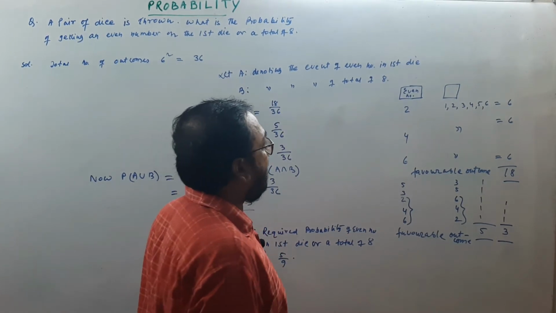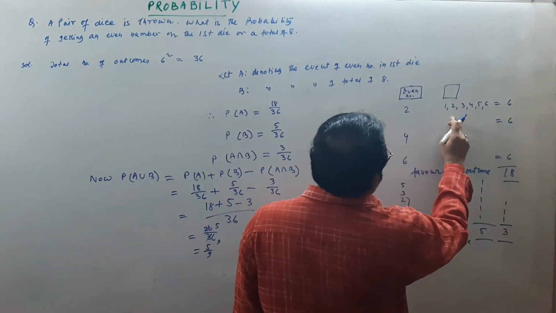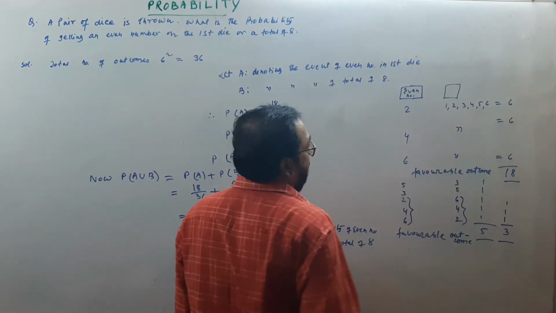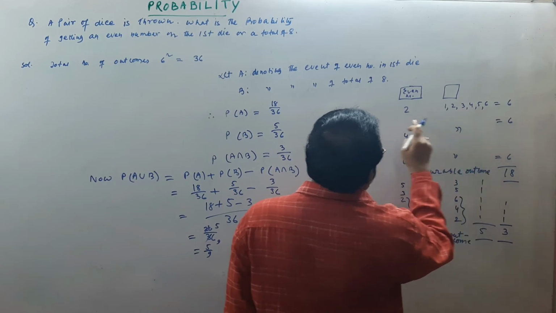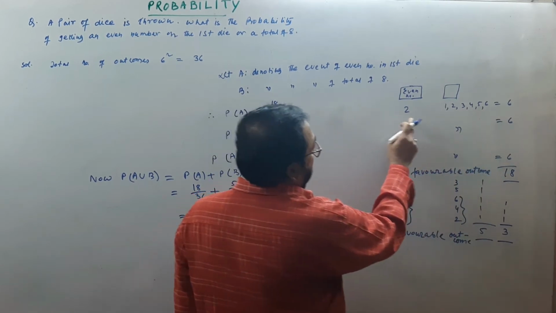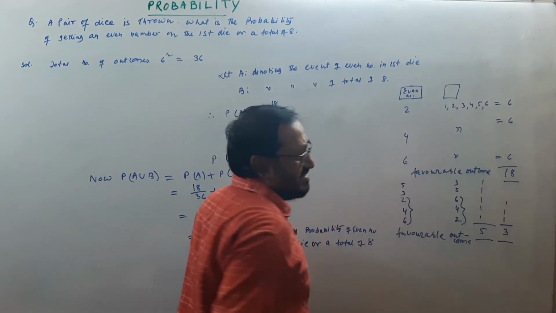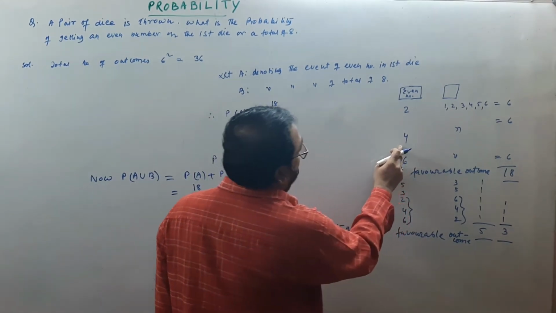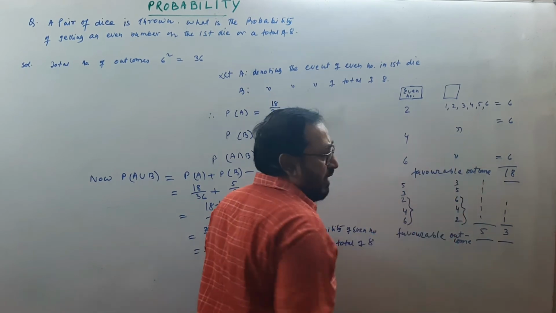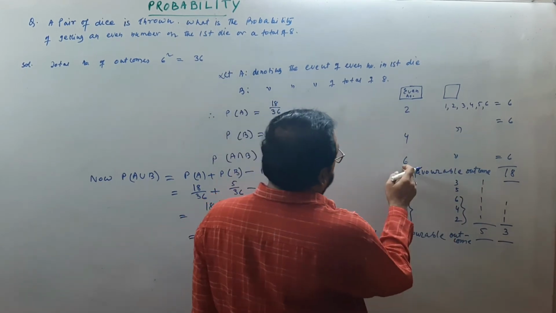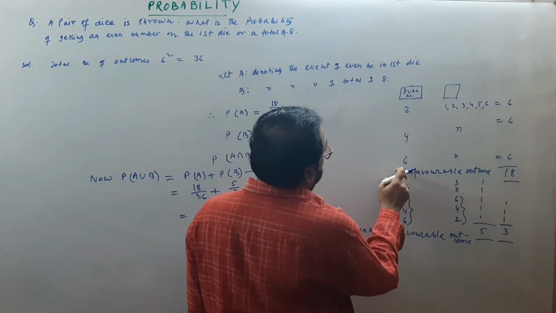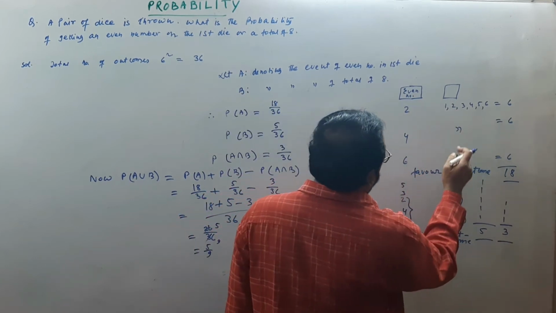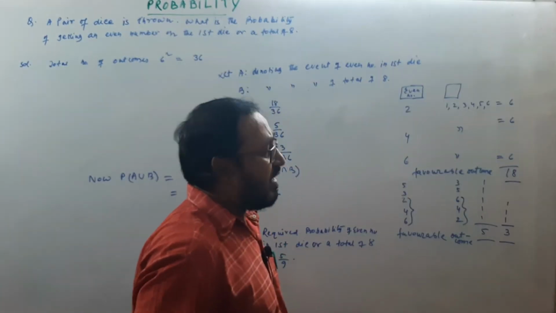Therefore in the second die there might be any number from 1 to 6. For 2 in the first die, any point from 1 to 6 can come. Then for 4 in the first die, any figure from 1 to 6 can come. And in the third case, for 6 in the first die, any number from 1 to 6 can come in the second die.